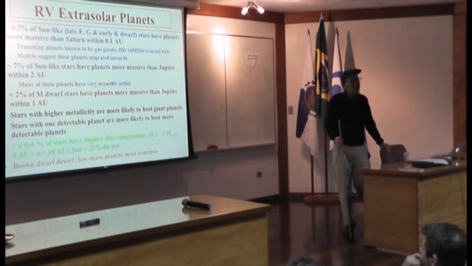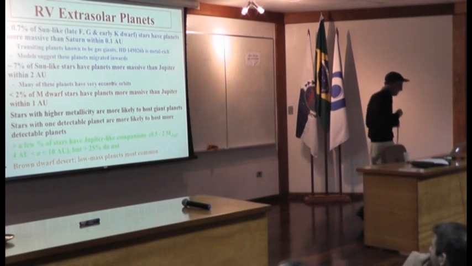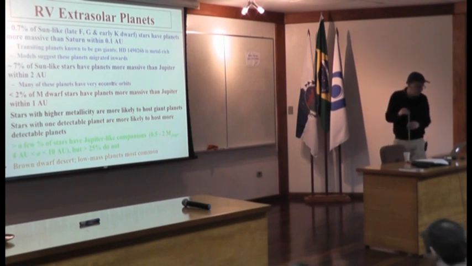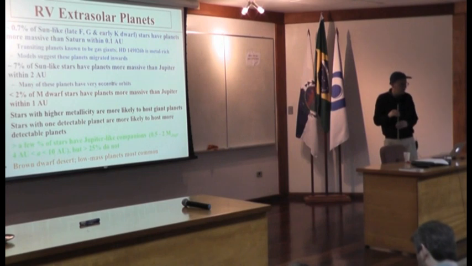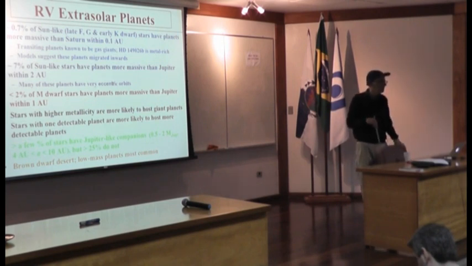Now, we have enough radial velocity planets that we can do some statistics. And these hot Jupiters around stars roughly similar to the Sun, they're around 1 in 150, 1 in 200. Numbers not that well defined. You get a little different results from radial velocity.